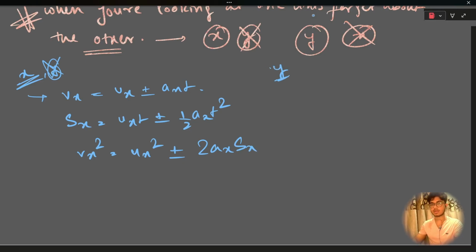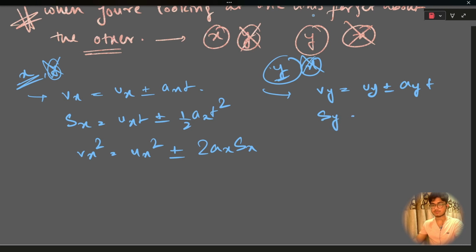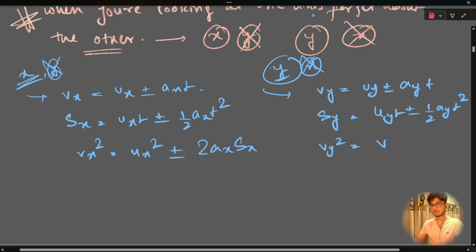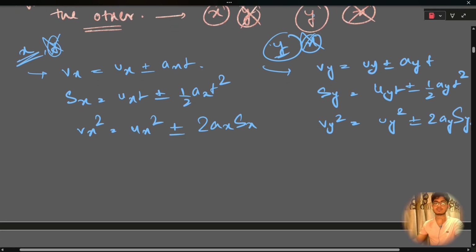Here also, when you're looking at y, forget about x. This is y: vy equal to uy plus ay t, sy equal to uy t plus minus half ay t square, vy square equal to uy square plus minus 2 ay sy. This is equation of motion in 2D.